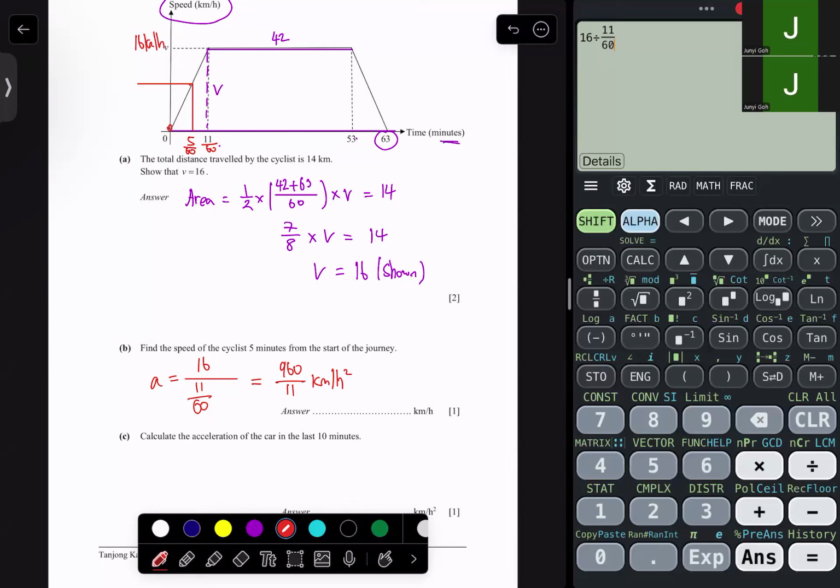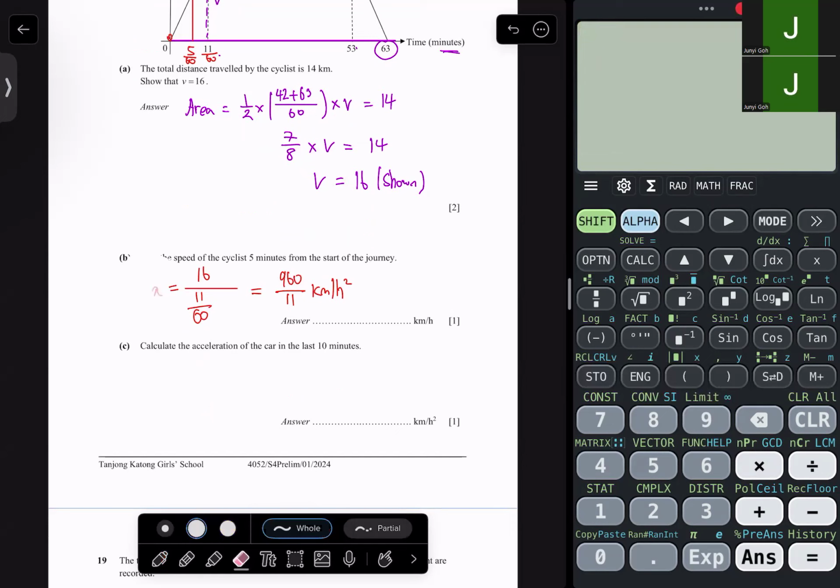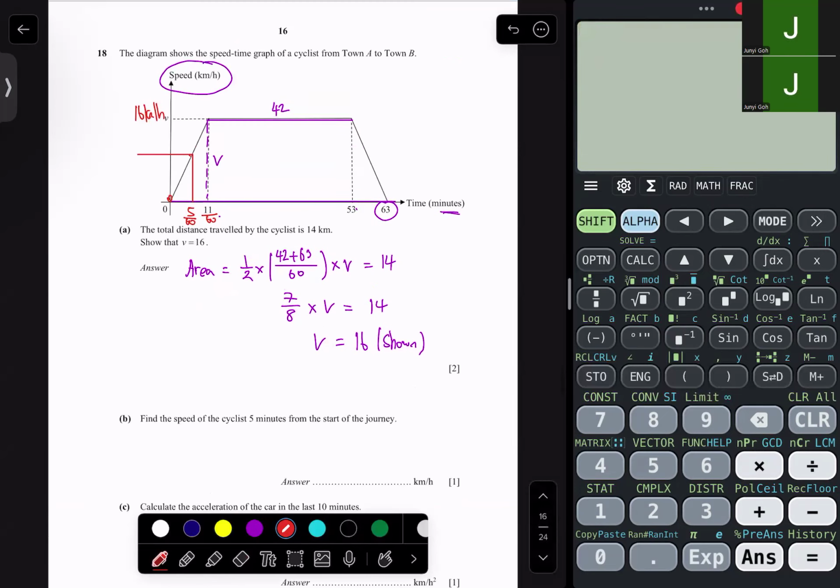Now in the first 5 minutes, so that will be 112, right? Let me find the speed of the cyclist.